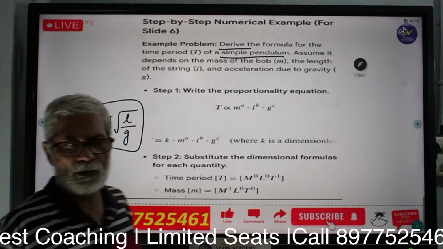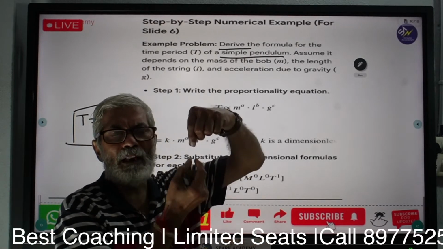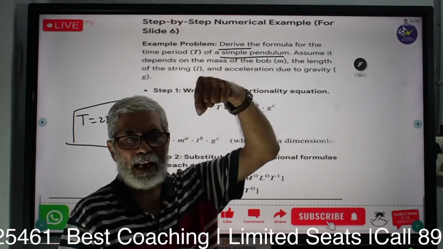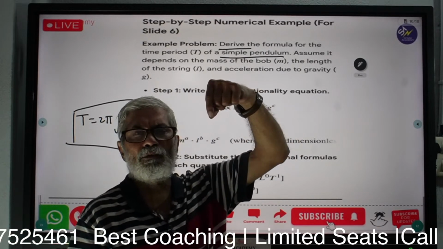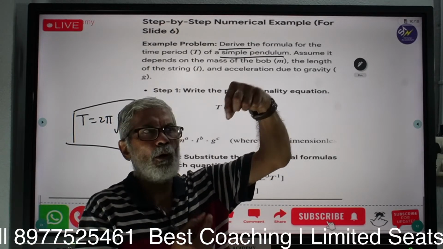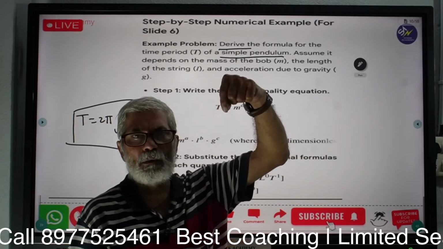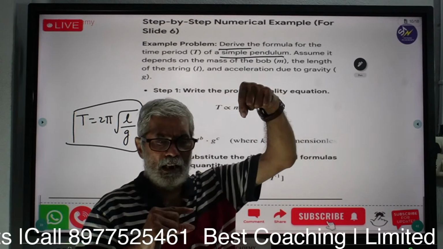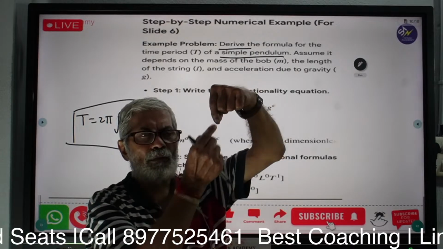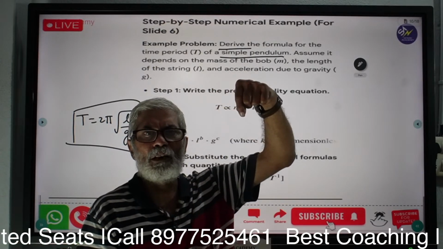Simple pendulum, in your lab you might have done the experiment. You will be hanging one bob and you have to first find out the time period of that bob, and then you have to find out acceleration due to gravity. So from the point of suspension to the center of the bob, you have to take a vernier caliper and find out the diameter, till the center radius from the point of suspension, the length of the pendulum.